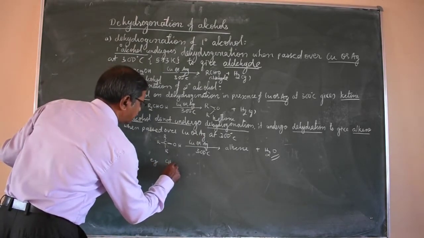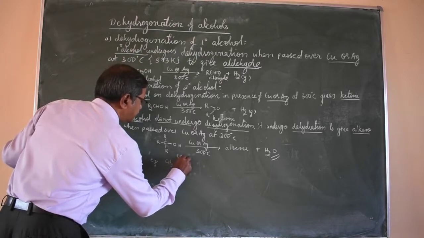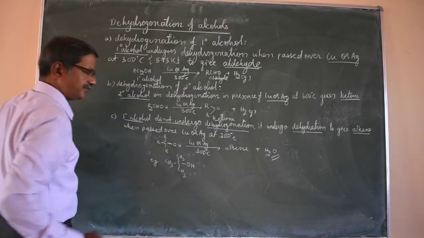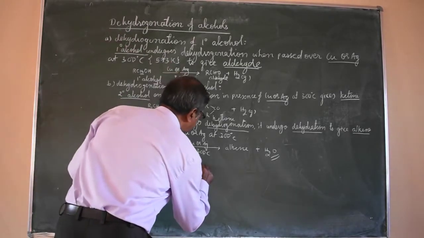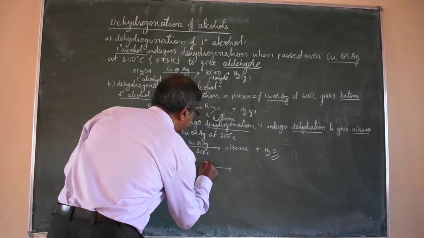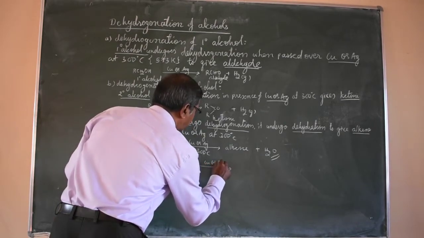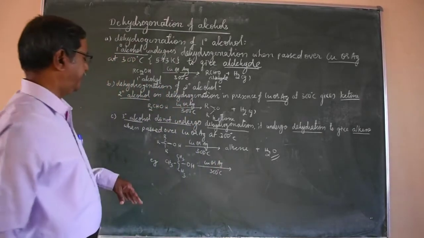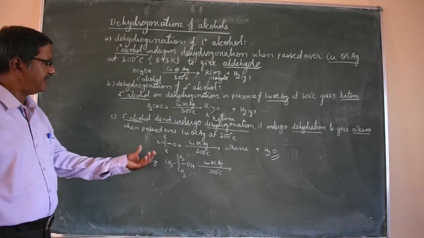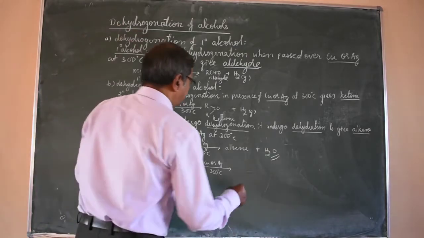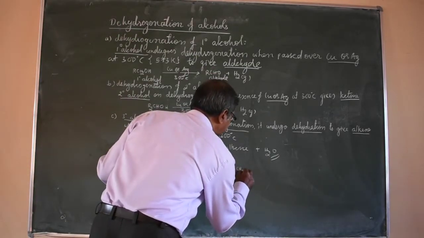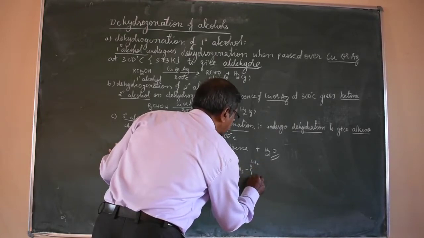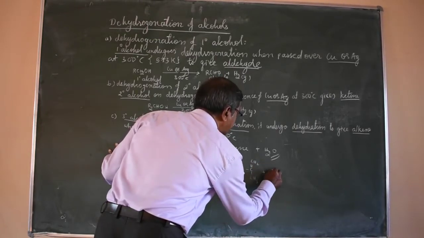So example, CH3, C, CH3, CH3, OH. It undergoes dehydration. Tertiary alcohol undergoes dehydration at about 300 or more than 300. So it gives the alkene. I am writing CH3, C double bond CH2, CH3, and one more is H2O.